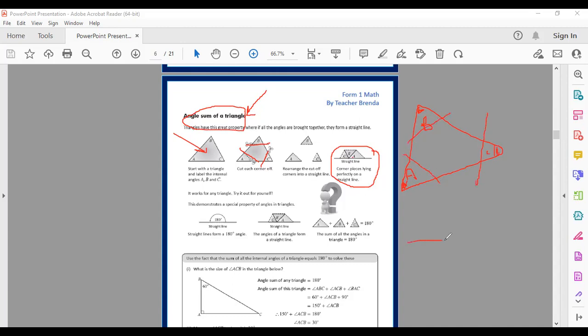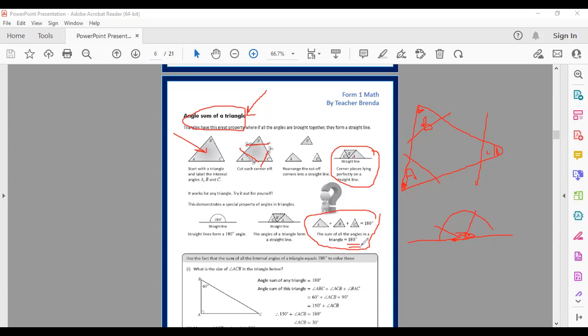And then join all those little pieces on a straight line and see whether it fits and makes 180 degrees. This is how they came up with the formula that all the angles in a triangle add up to 180. Tell me who knows this? Did you all know this? Any one of you have done this in school before?